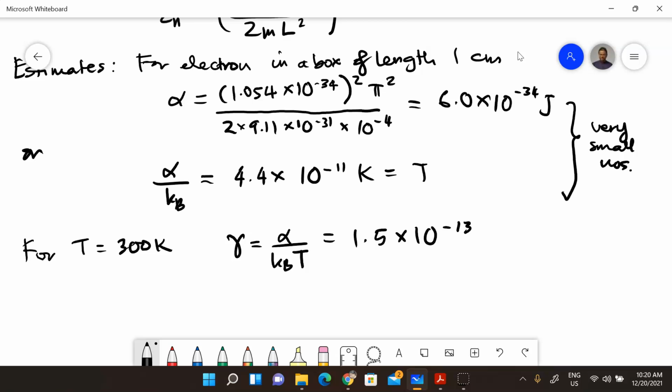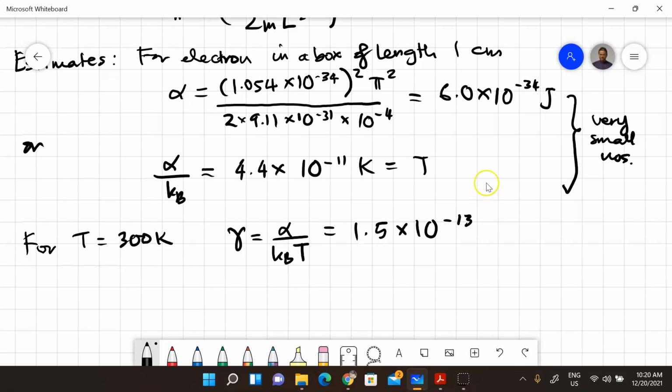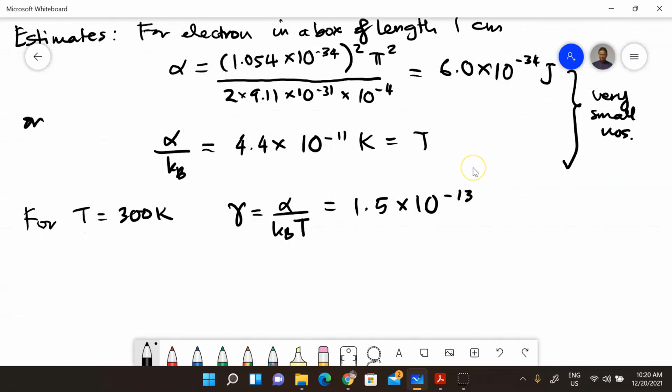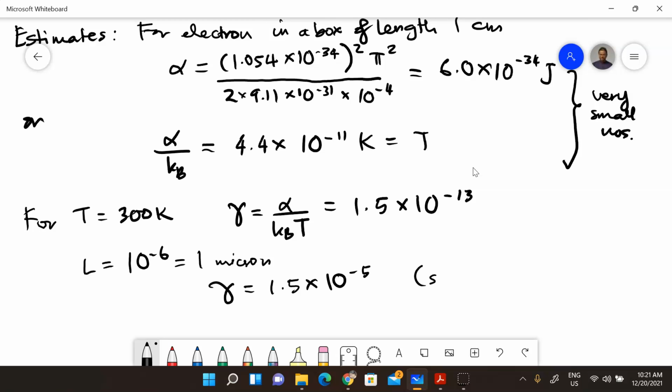These are quite small again, and if we try to shrink the length of the box, let's consider L equals 10 minus 6, or 1 micron, your gamma in this particular case at that temperature is still a small number, which is 10 minus 5.